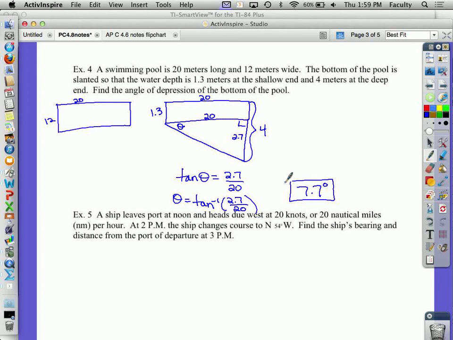The definition says, in surveying and navigation, a bearing measures the acute angle that a path or line makes with a fixed north-south line. So south 35 degrees east means you go down to the South Pole and you're rotating from the South Pole 35 degrees in the east direction.